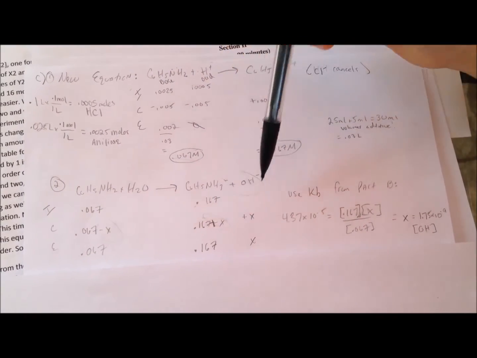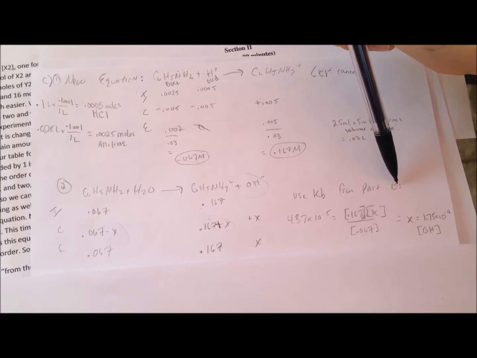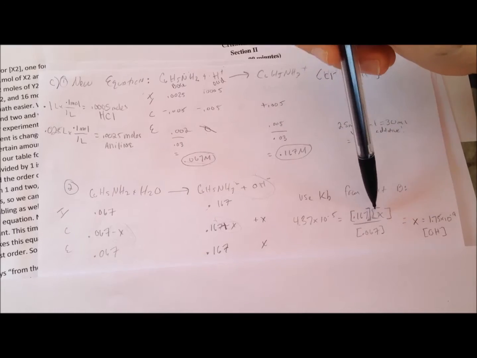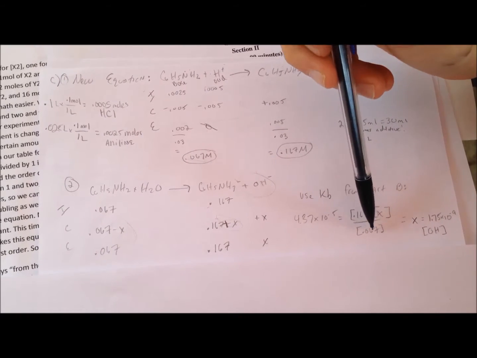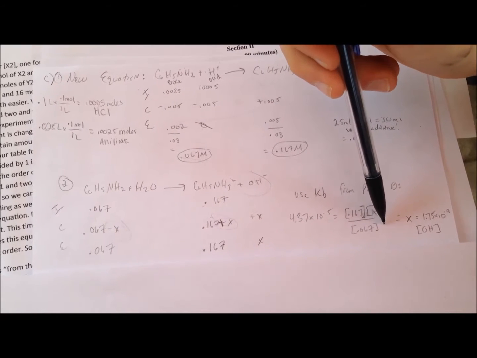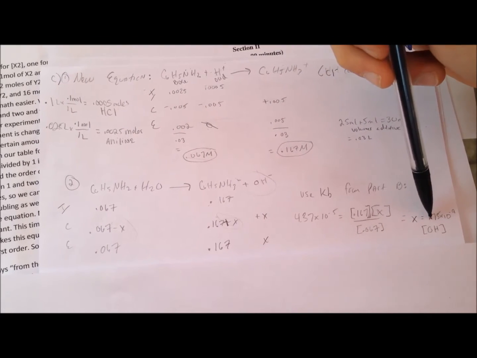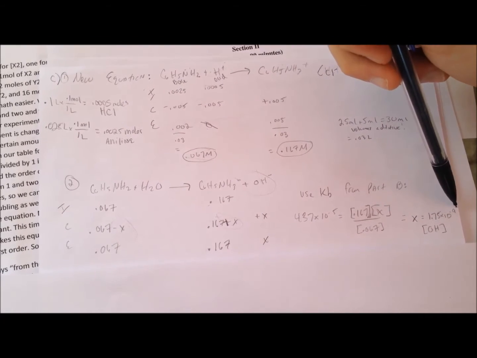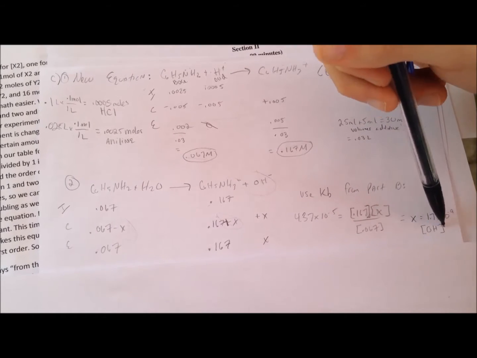In order to find x, we use our Kb from part B, 4.37 times 10 to the negative 5, and set up our expression. We plug in 0.167, we don't know x, and it's over the reactants, which is 0.067. We get our x to be 1.75 times 10 to the negative 9, and that gives you your molarity of hydroxide.